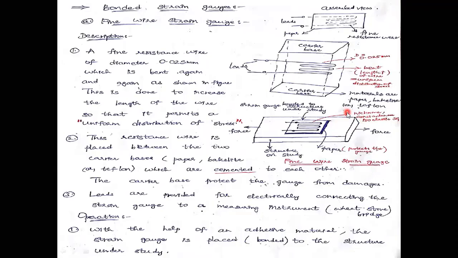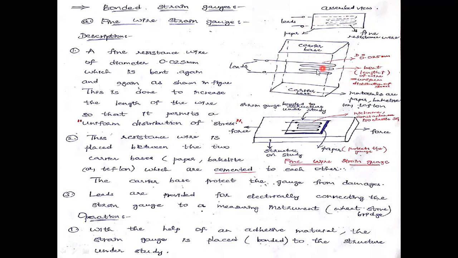Here one case structure I am taking. This is the case structure. This is the strain gauge, fine wire resistance wire. Some frame is given and these two are the leads.